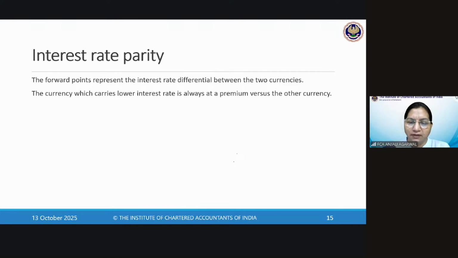Now, we have seen that sometimes the forward rate increases, and sometimes the forward rate will also decrease, meaning the currency will depreciate. So why does the forward rate increase or decrease? There are many reasons why we have changes in foreign exchange over a period of time.